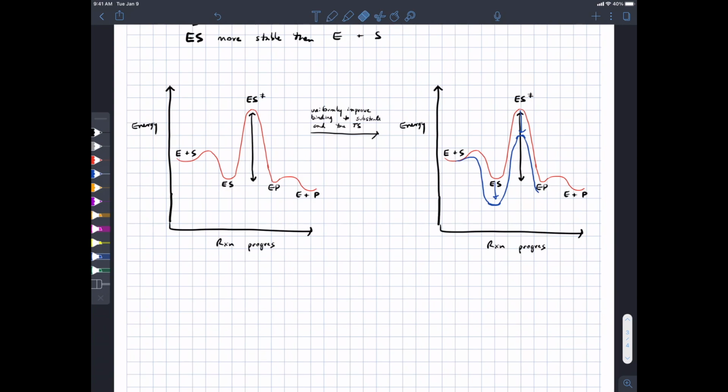I'm just going to show, for now, where the transition state is. I don't want to make any assumptions necessarily about where the products are going to show up. So do you see how we have lowered the energy of the transition state and the substrate by similar amounts? Okay. What does that do to activation energy?